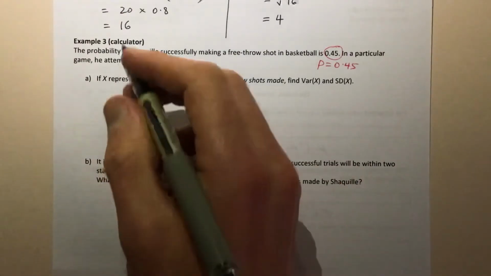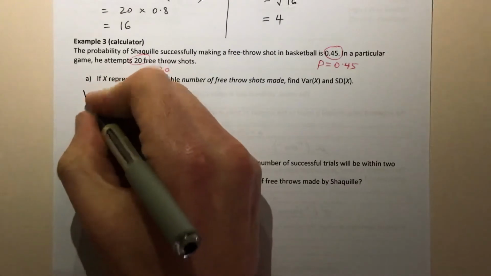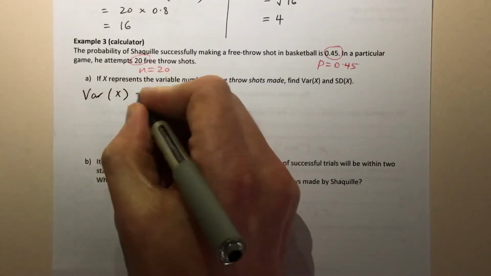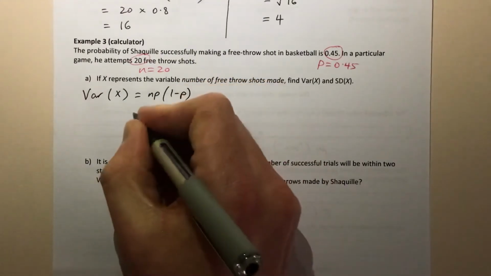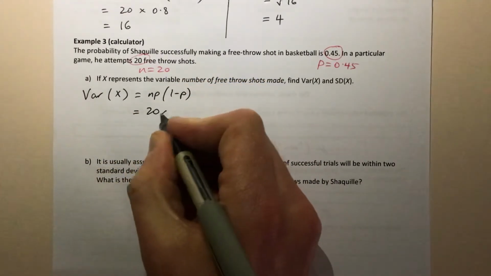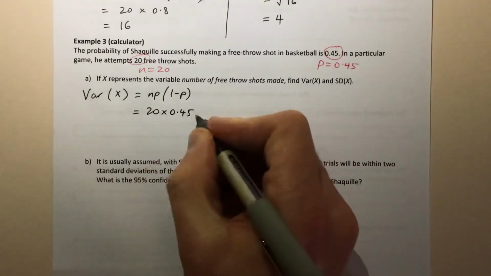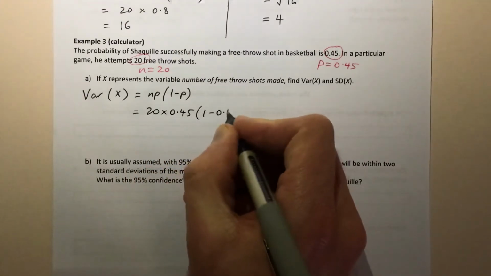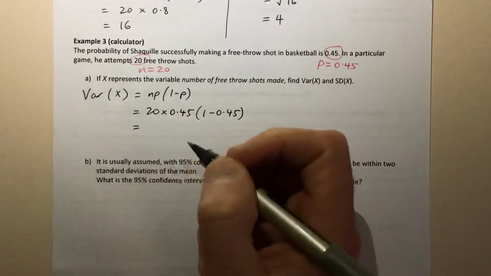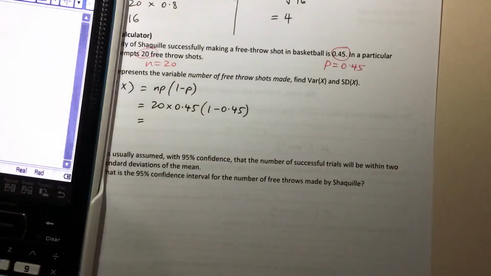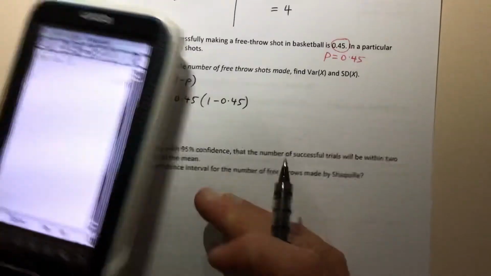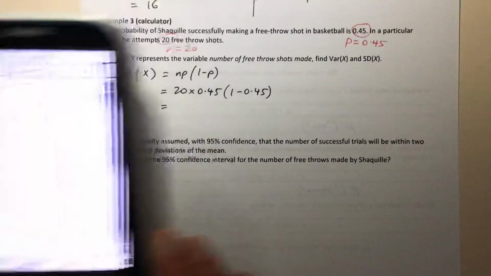Now this is pretty similar to what we just did in the previous example. So we start with the variance. That's equal to NP times 1 minus P, which is 20 times 0.45 times 1 minus 0.45. And this one says it's a calculator question, so we can use that to make sure of it. 20 times 0.45 times 0.55 equals, oops, should have shown on the screen there, 4.95.